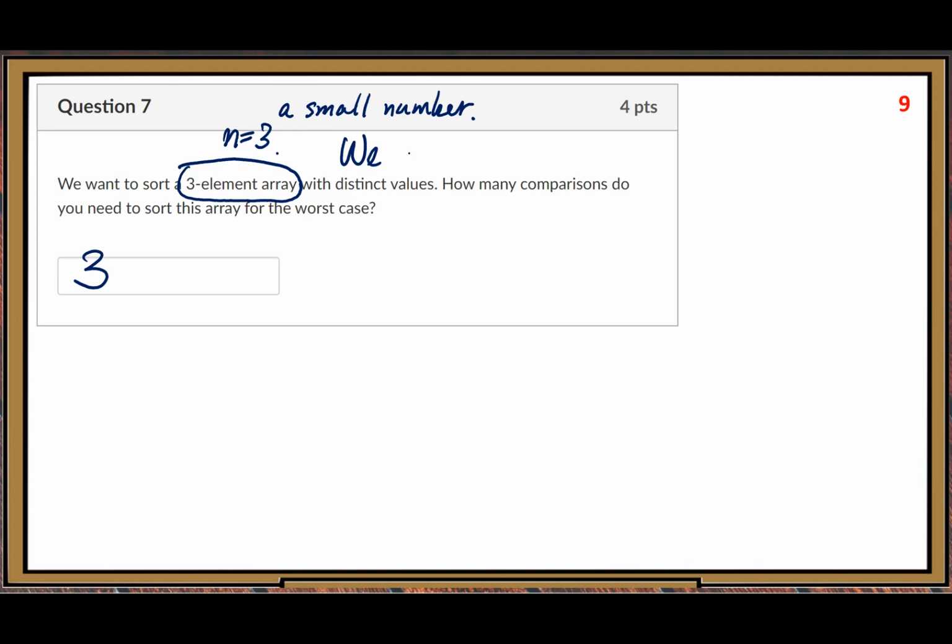So here we should not apply any formula.